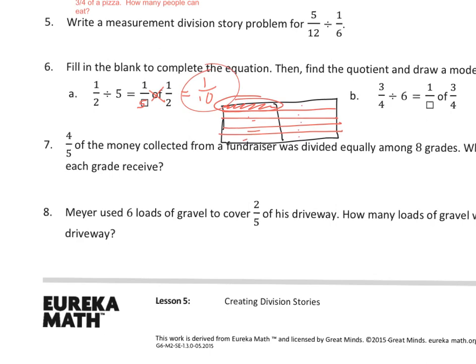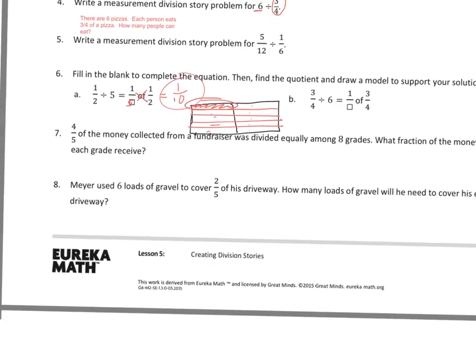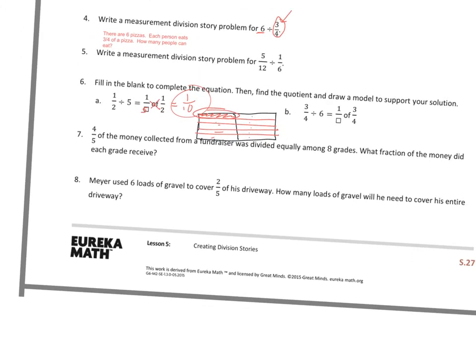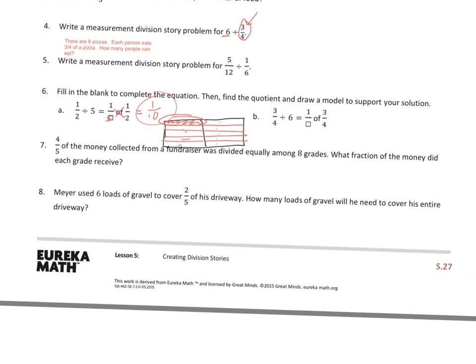Let's do 7. And I'll zoom out so we can read it. Try to make it straight. 4/5 of the money collected from a fundraiser was divided equally among 8 grades. What fraction of the money did each grade receive?